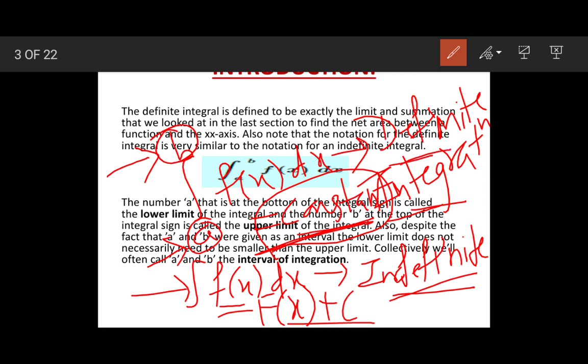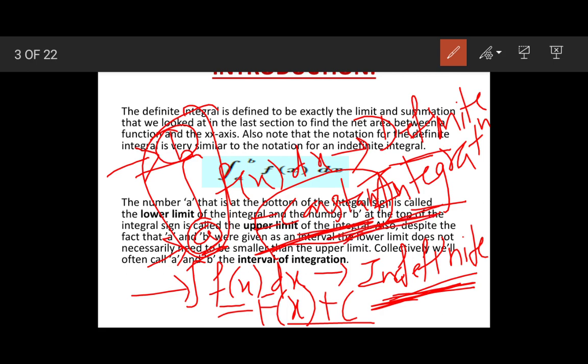Why are we having that definite value? Because we are having the limits of integration, and when we substitute these limits of integration, we definitely get some definite answer. Okay, so the indefinite integral is the general solution of integration, while the definite integral gives you the particular solution.